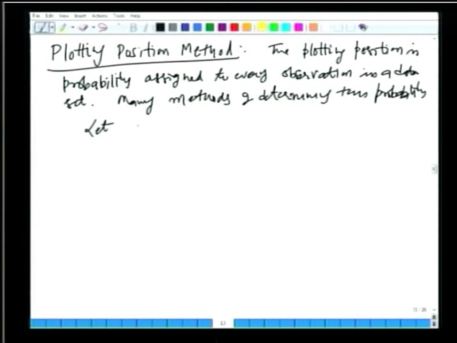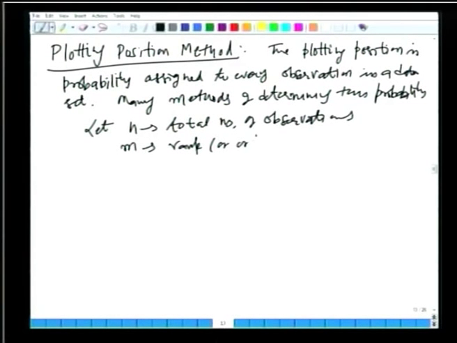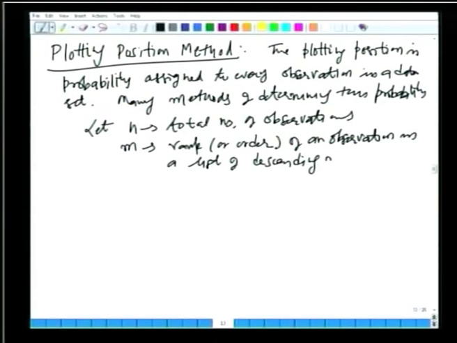So, if we have n as the total number of observations with us in the data set, and m is the rank or order of a particular observation or data point in a list of descending magnitudes.